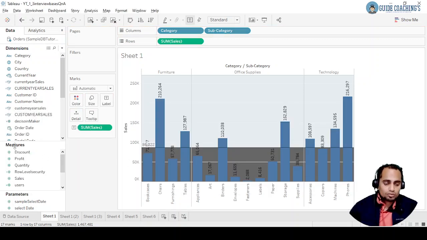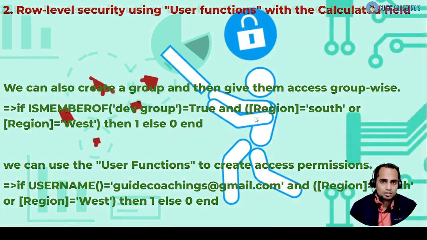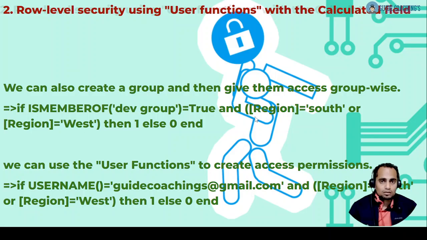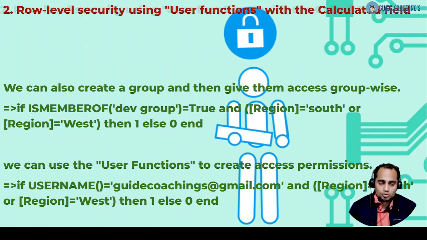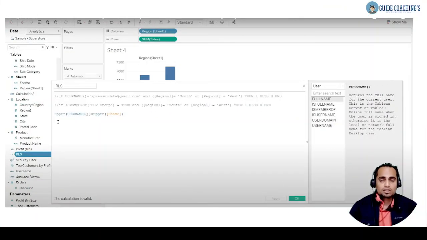Then we'll click OK, put this into the filter shelf, and check only the true values. That is how the group level access will work, and we can create the simple member level as well. So we have used username and is member of. We have seen this, now we'll see it practically.